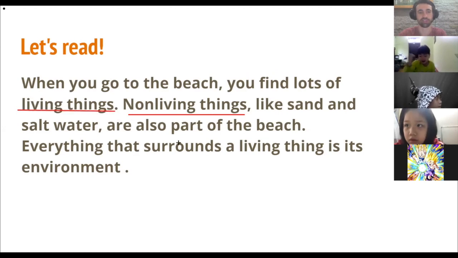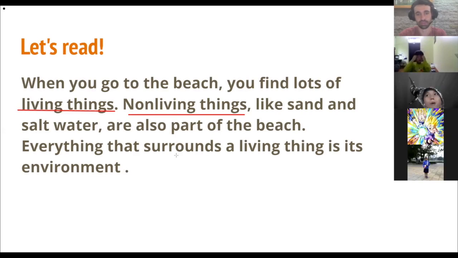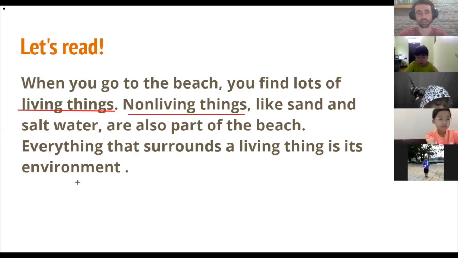Raise your hand if you know. Roberto, do you have a guess on what the final vocab word is? Environment. Yeah, environment. Perfect. That's the final one. Good job. So these are all three important vocab words.